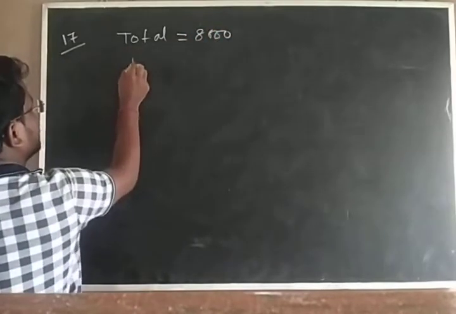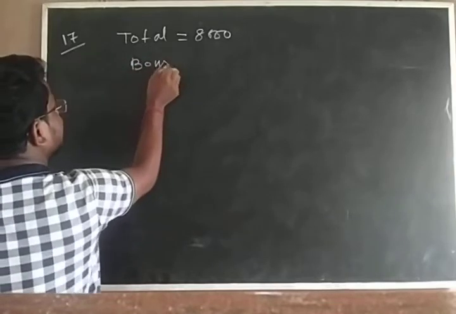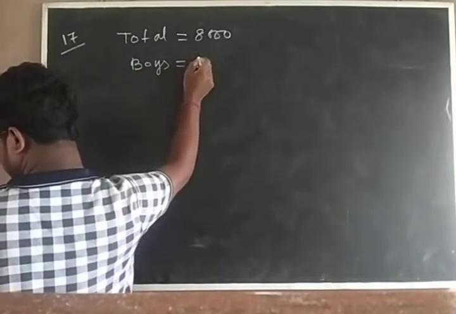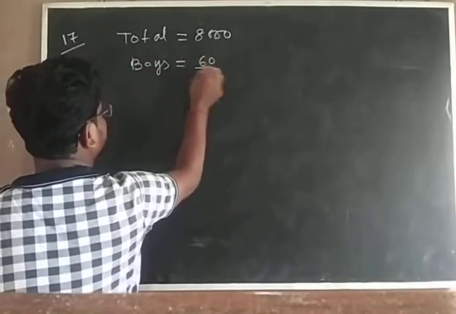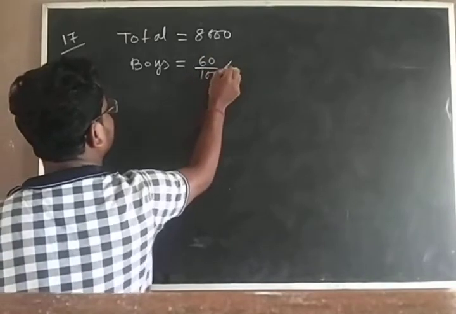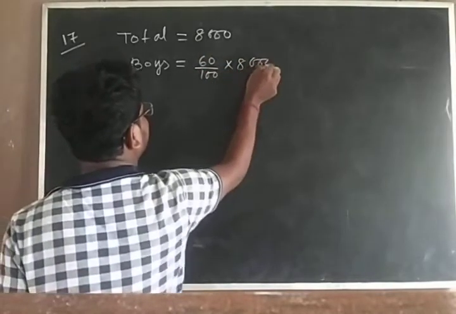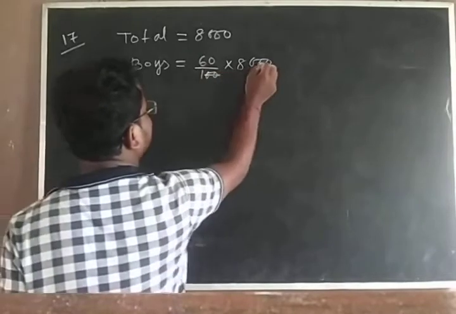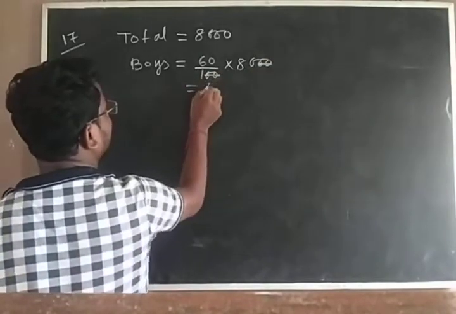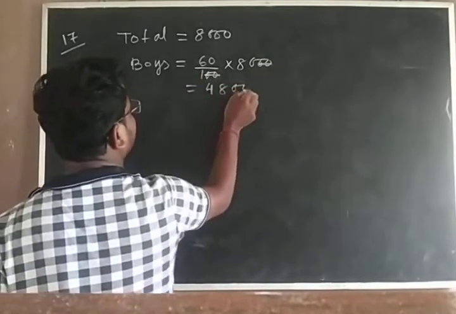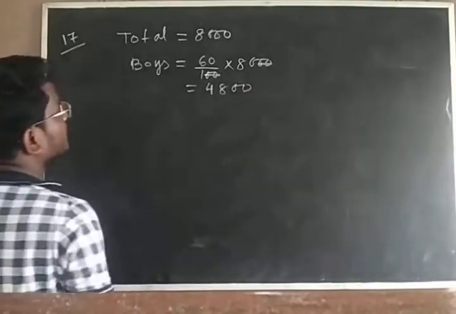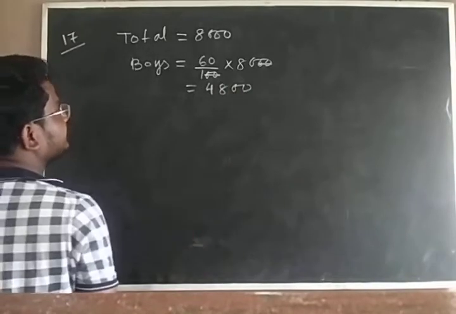Out of 8,000, boys equal how much? 60%. 60 by 100 into 8,000. So boys equal 4,800.